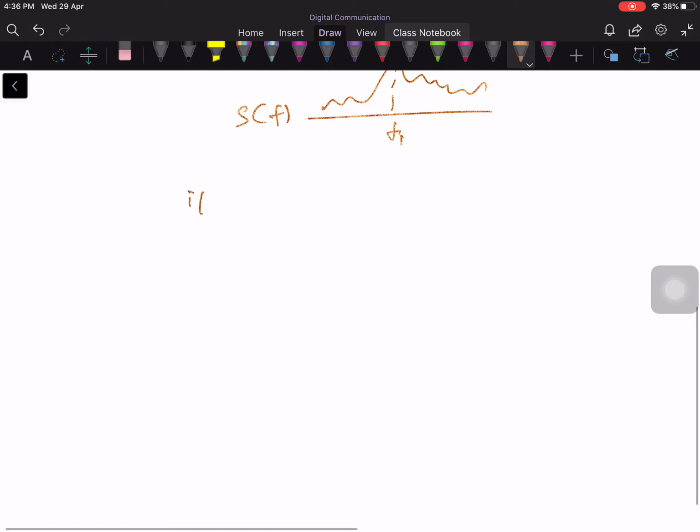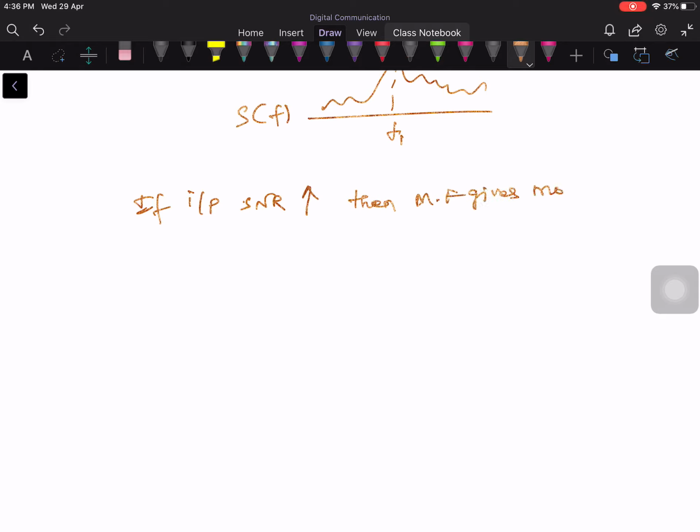So if the input SNR is high, then the matched filter gives more weightage or amplification. Similarly, if the input SNR is lower, then the matched filter gives very little weightage.